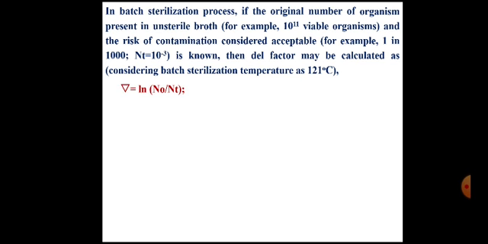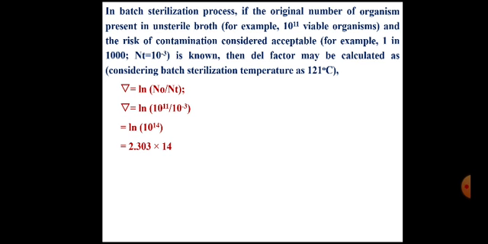The formula is Del factor is equal to ln of N0 by Nt. I hope you all are writing on the paper. Then we'll replace the values. The value of N0 is 10 raised to 11 and the value of Nt is 10 raised to minus 3. Further solving this equation, it will be ln 10 raised to 14.